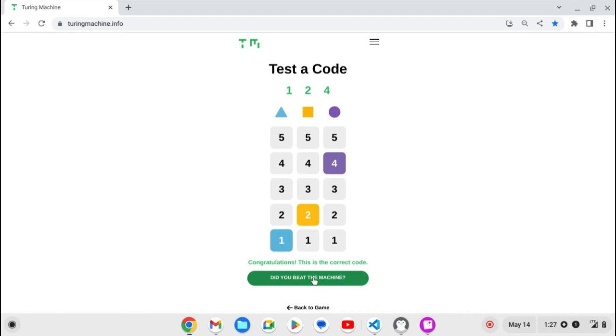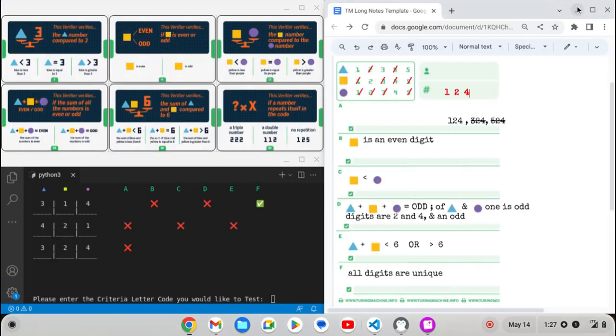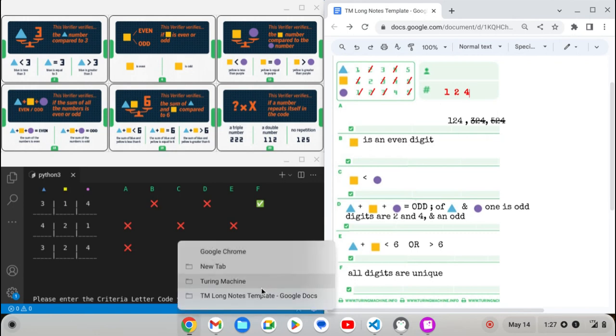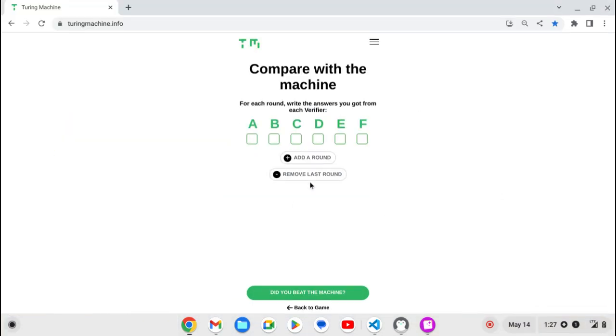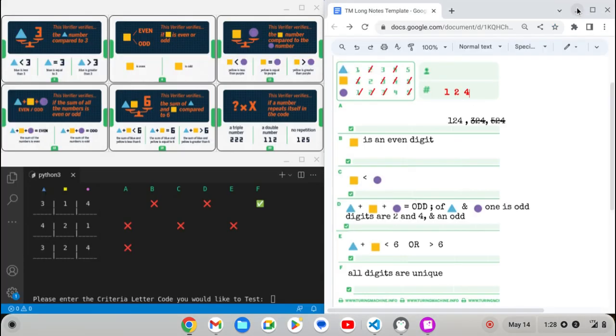But again, the true test is, did we beat the Turing machine? So let's go back and see, what did I check? So I did BDF first, and I believe the F criteria was the only correct one, yes.